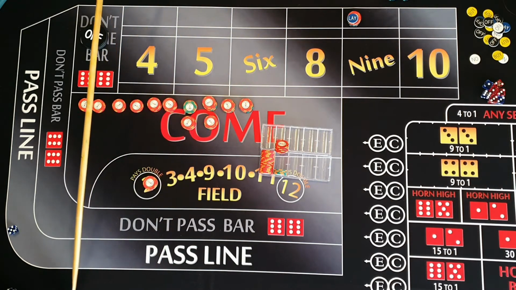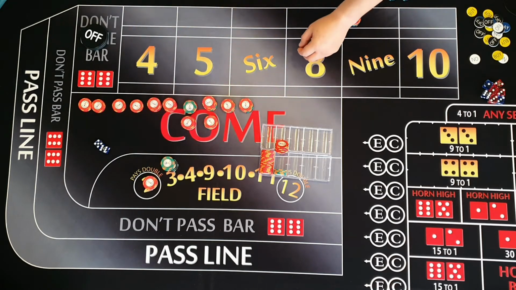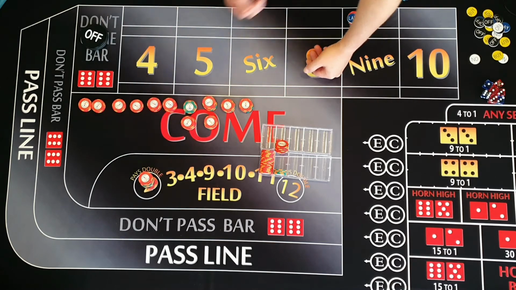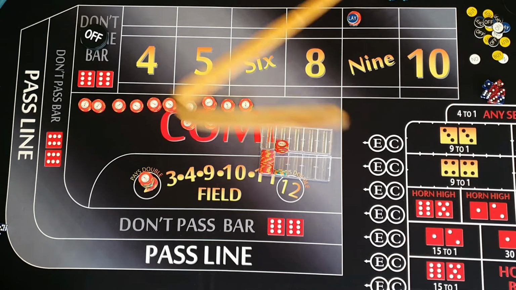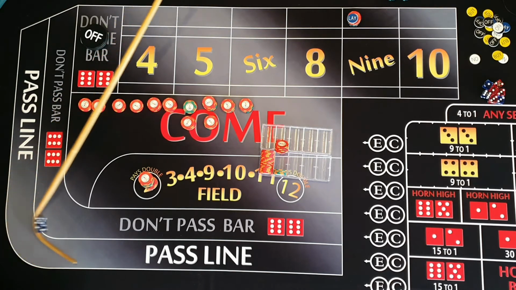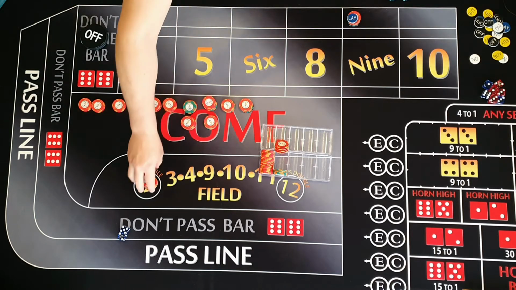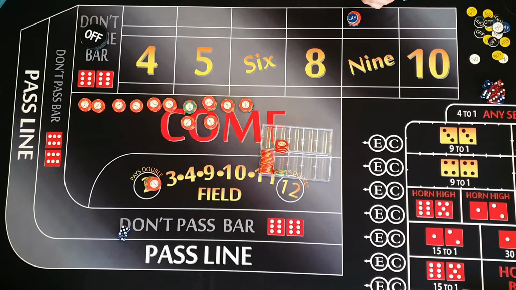And finally we got a field. We've got a horn. So we do win that one. And this one is a parlay. And we got a 7. So we lose this, but we get covered for the base bet.